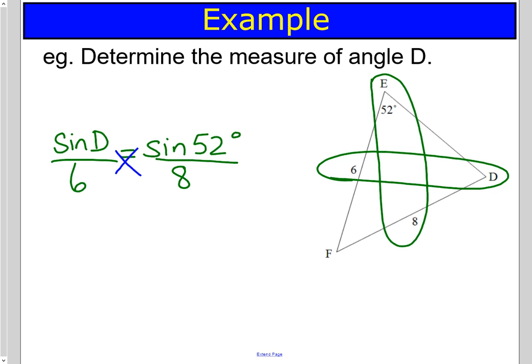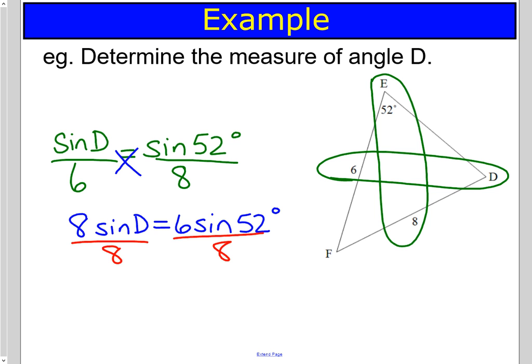Let's cross multiply this. And I get 8 sine D equals 6 sine 52. I'm going to start by dividing each side by 8. So that will get rid of the 8 there. So now I have sine D equals 6 sine 52 over 8.